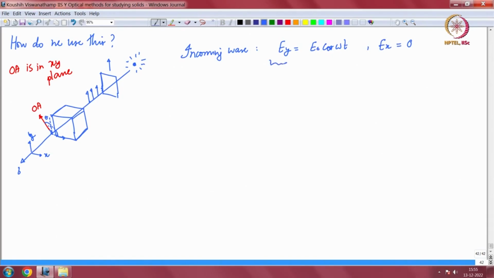This will now have one component along the optical axis and one component perpendicular to the optical axis. Okay. This one will go at a speed, let us say c1, and this one will move at a speed c2, because they have two different refractive indices.